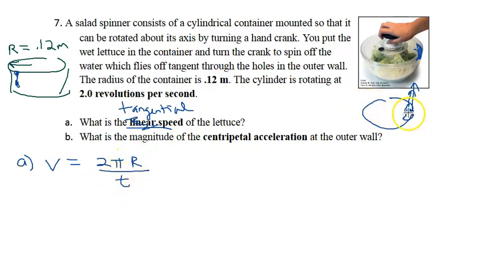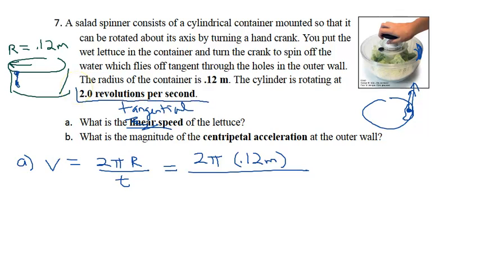The speed, if that lettuce had an odometer on it, is the distance it traveled divided by the time. So 2 pi r is the circumference. It travels this much distance every rotation. And this is a little bit tricky. It does 2 revolutions per second. So it's a little bit easier if we're dividing by the time.